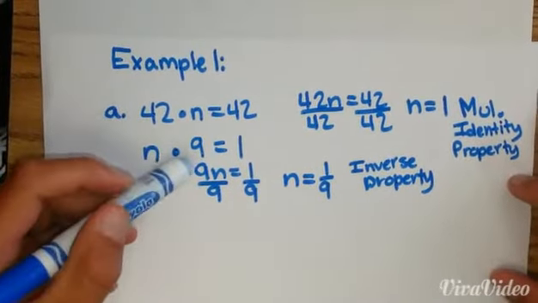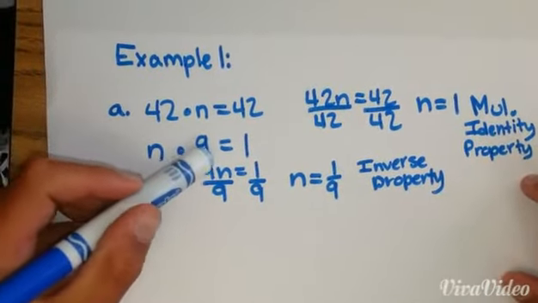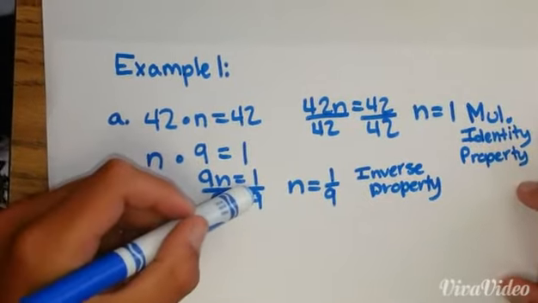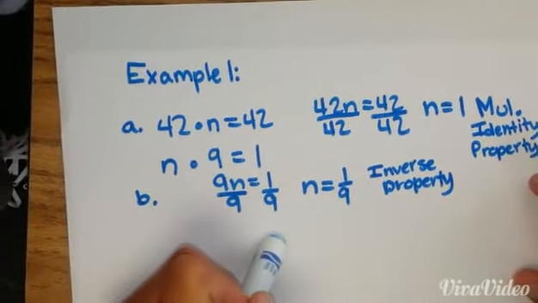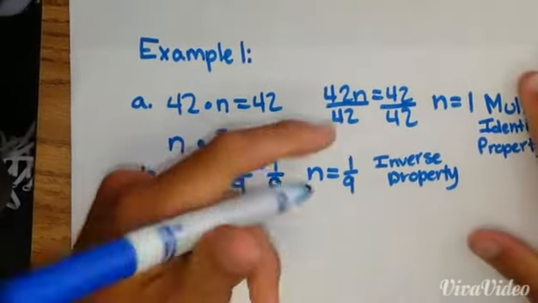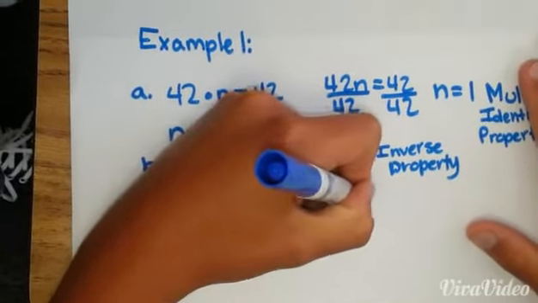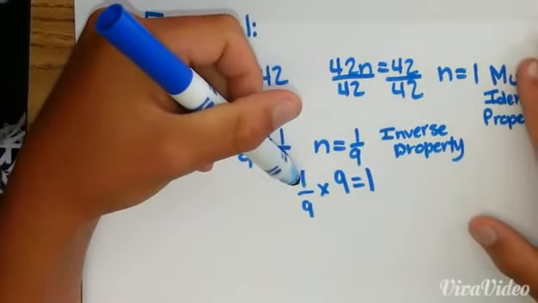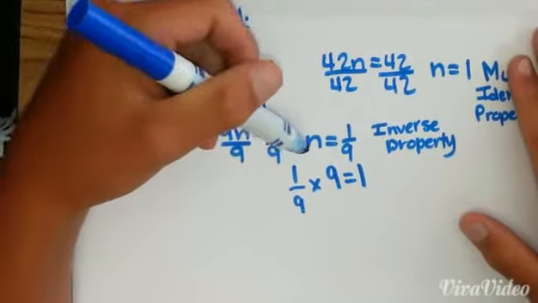Another example of identifying properties is n times 9 equals 1, 9n equals 1, divide by 9, divide by 9, n equals 1/9. That's the inverse property, because 1/9 times 9 equals 1. So pretty much any number that's times its opposite or reciprocal equals 1.